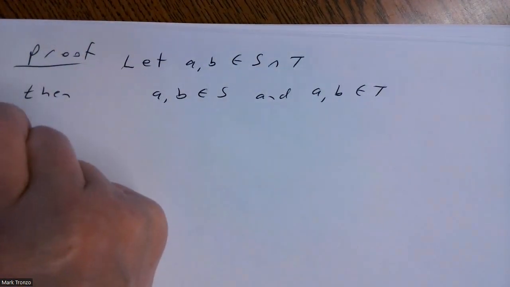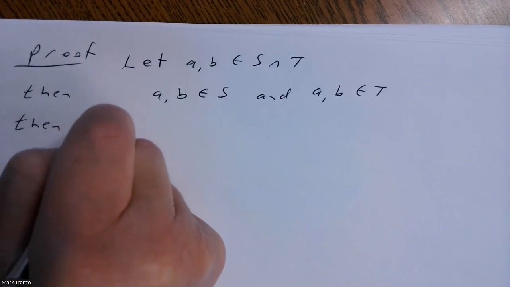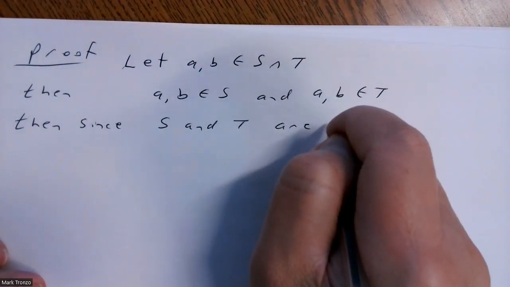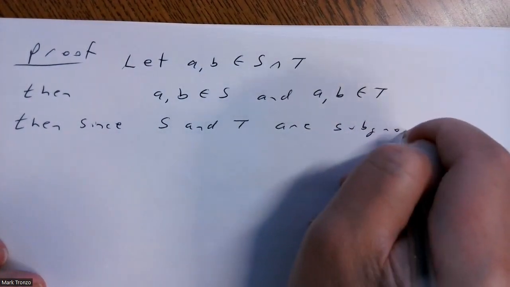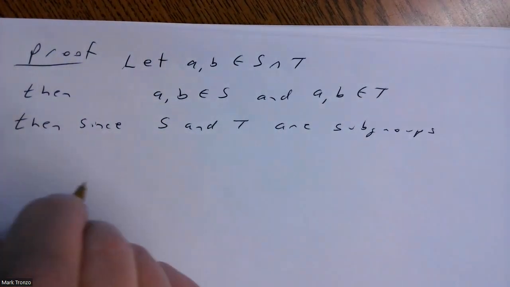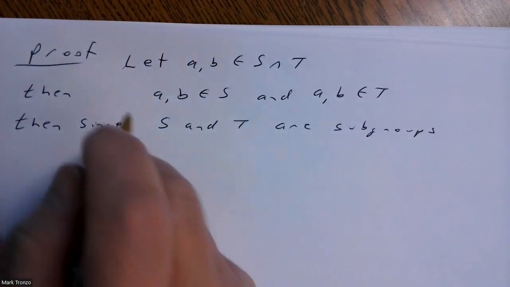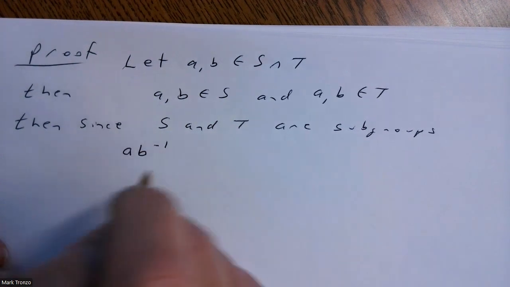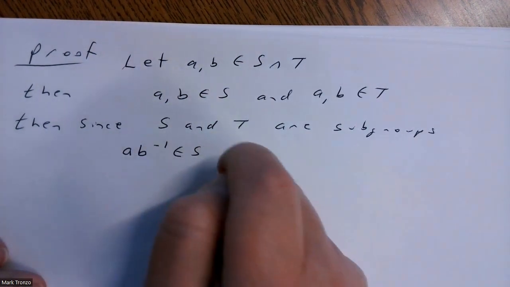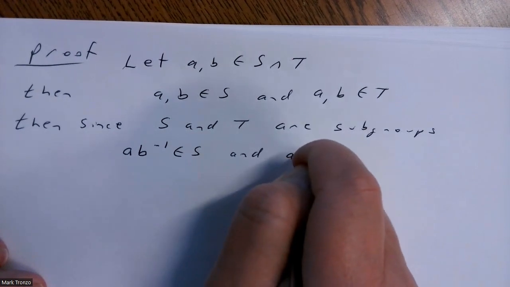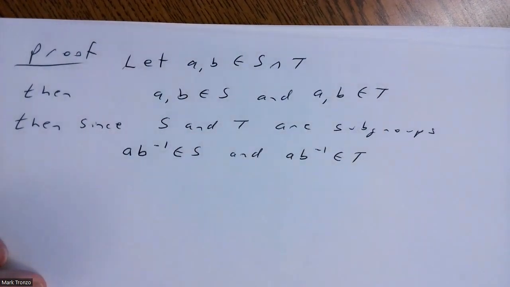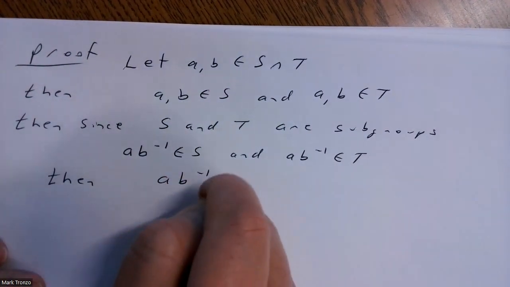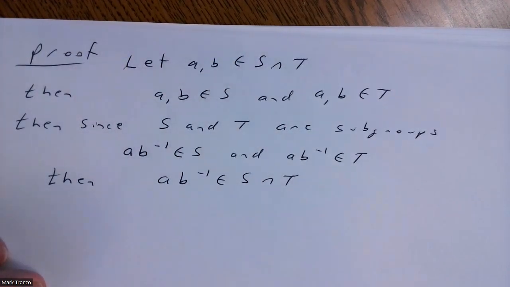Then since S and T are subgroups, we can say they pass the subgroup test, which says that A B inverse is in S and A B inverse is in T. Then from that, we can say that A B inverse is in the intersection since it's in both of those.